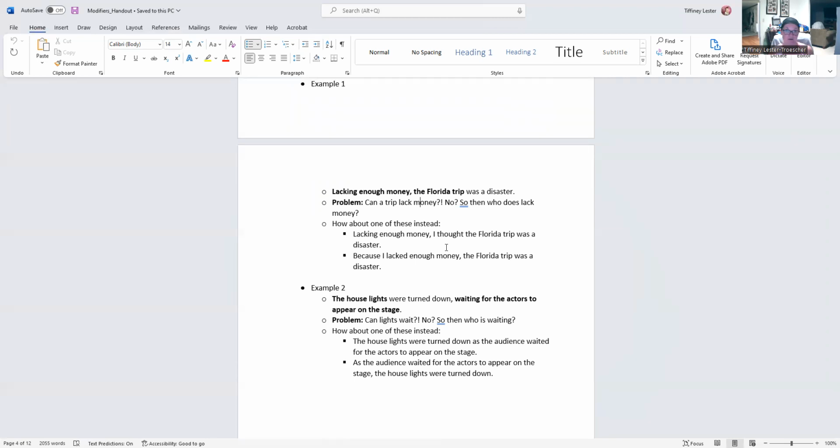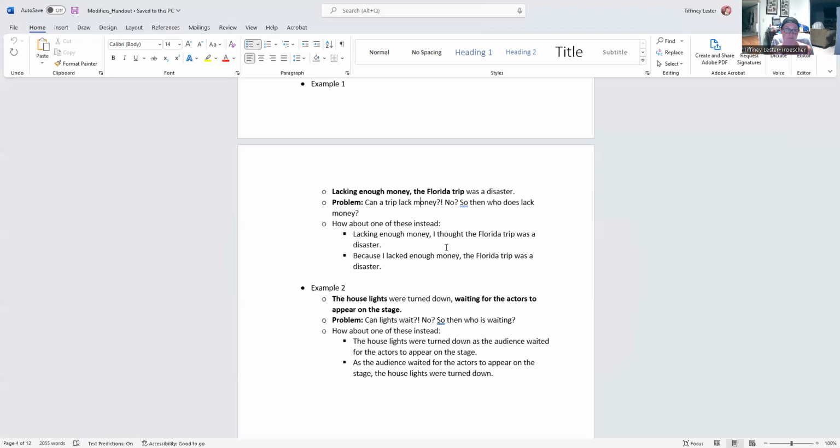So who or what does lack the money? Probably the author, right? Lacking enough money, I thought the Florida trip was a disaster. Or because I lacked enough money, the Florida trip was a disaster. Either way is fine, but you can see that despite how our brain is able to make sense of the sentence, logically, the words that are actually there don't make sense. Lacking enough money, the Florida trip was a disaster.